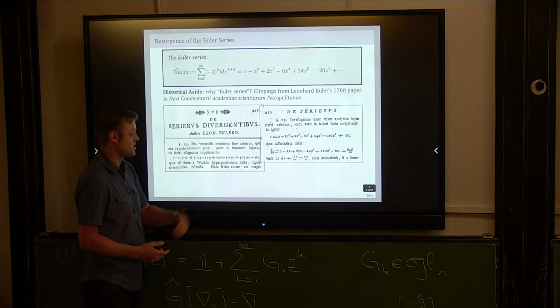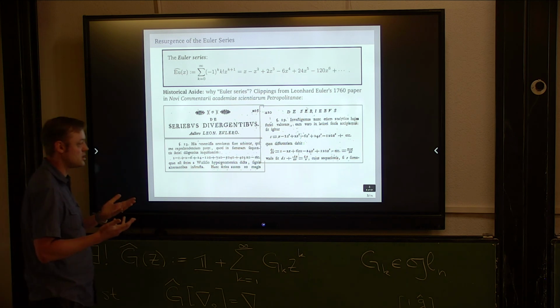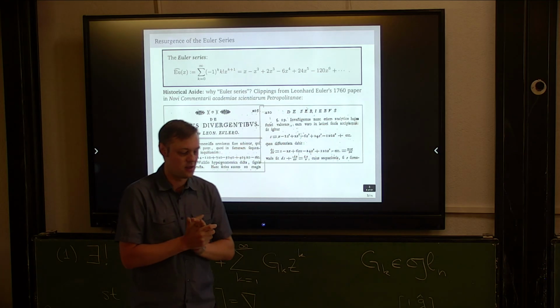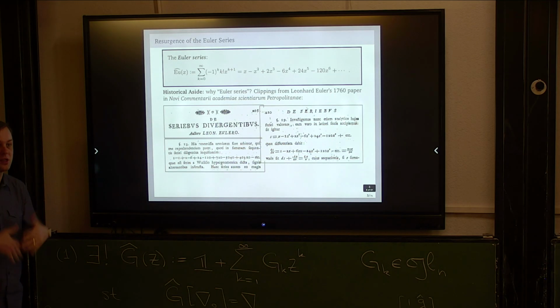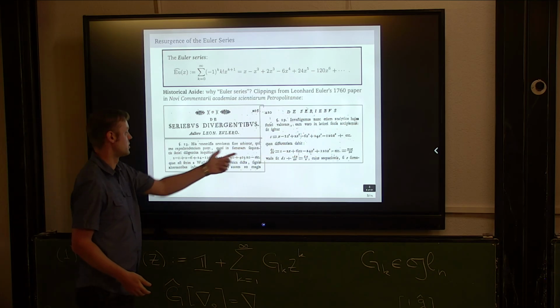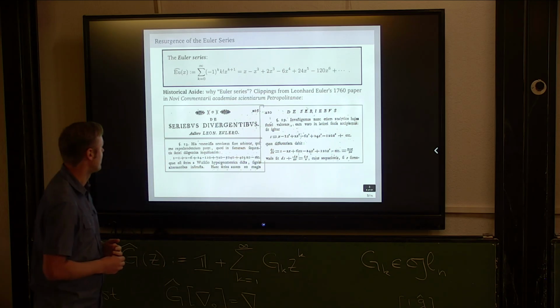So it's a numerical series, and he was studying divergent series, and his question was, is there a way that we can assign some kind of numerical value to a divergent series in a meaningful way? And this was one of the things that he tackled, which he called the Wallace hypergeometric series.